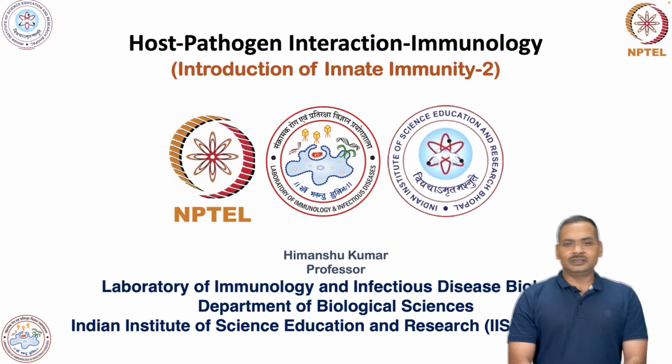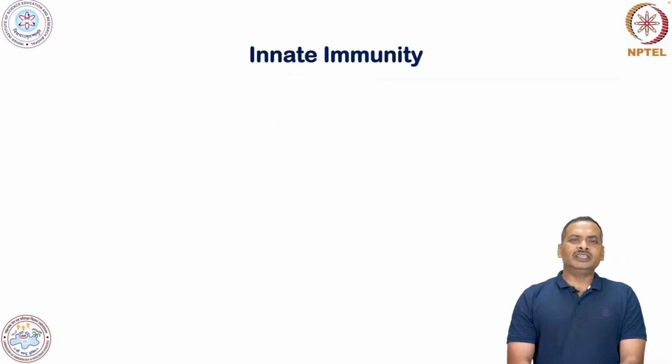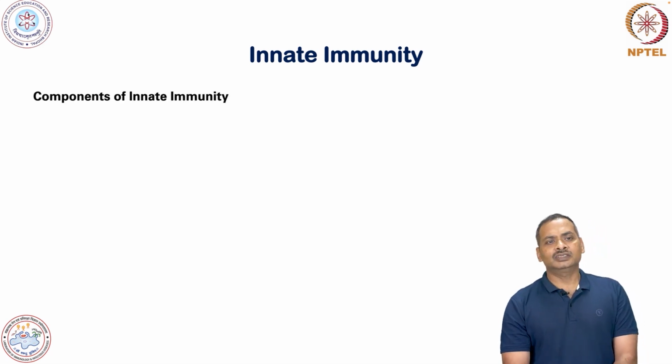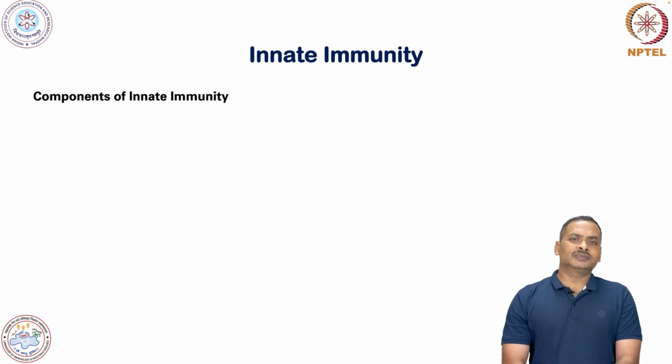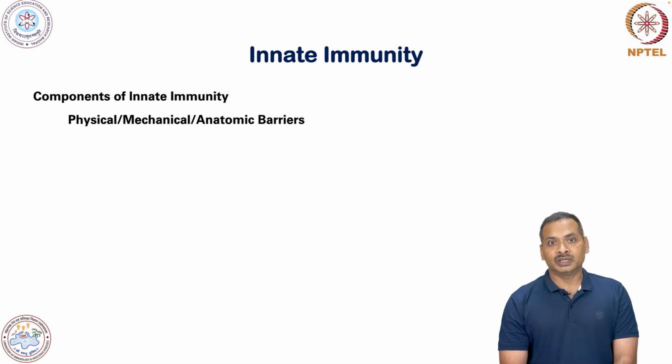So now let us move further, more deeply, into innate immunity. Innate immunity consists of various components. Here you can see there is a physical, mechanical or anatomical barrier.